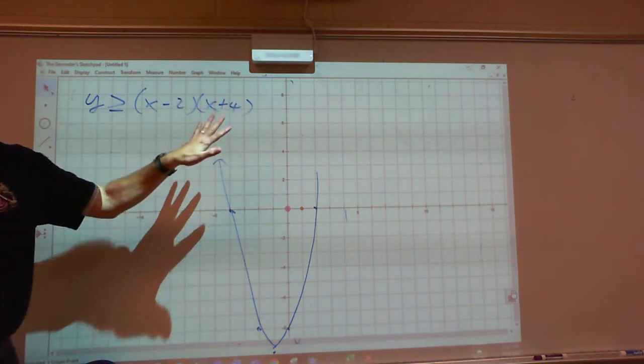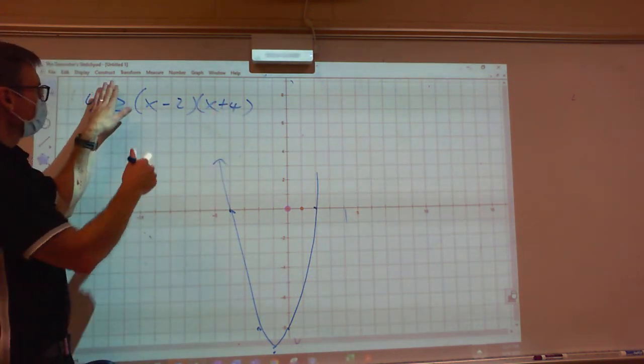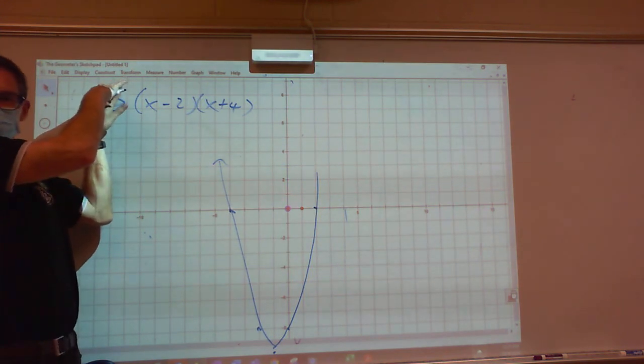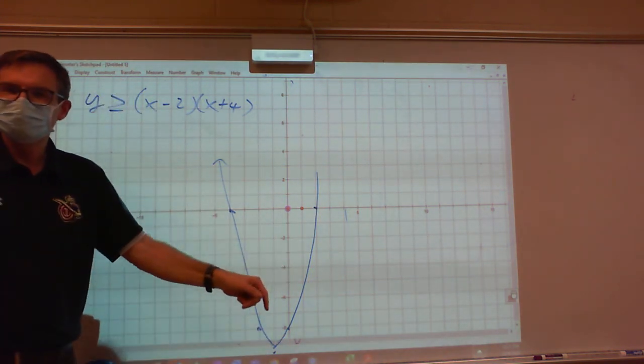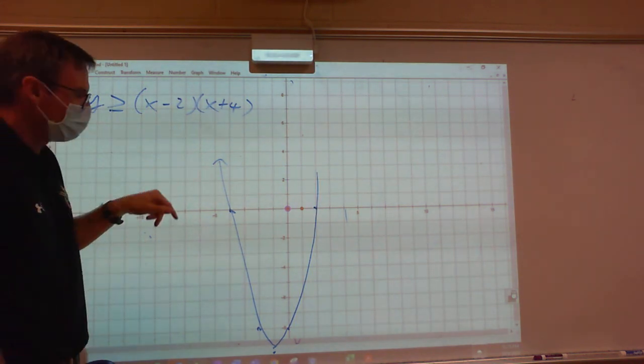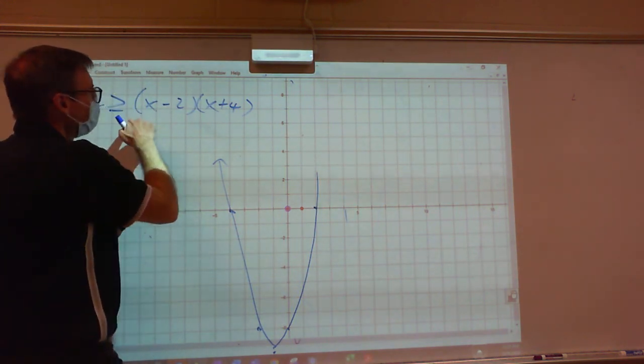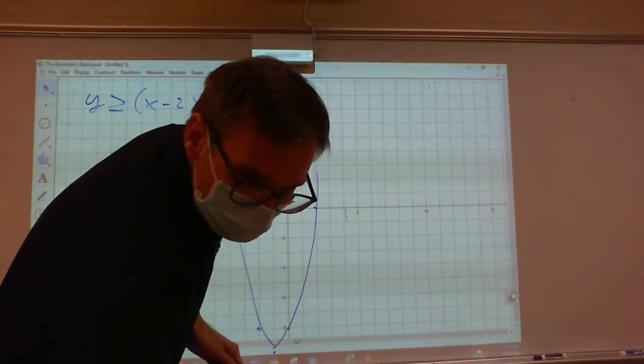This is a rough picture of it here. I'm not requiring you to do this. I'm just trying to connect things. But if I gave you y equals, this would be our picture. And are we okay that y is bigger than that is this part? Actually, let me pause this. I want to make sure I haven't.